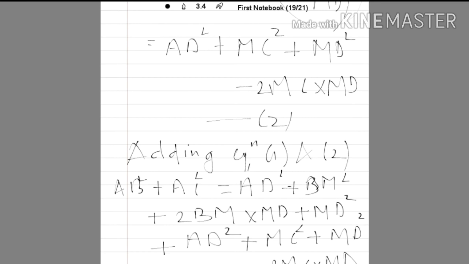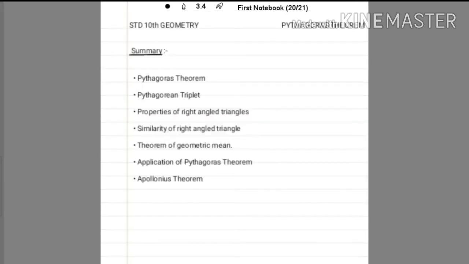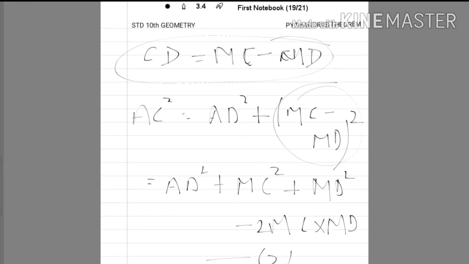Now this is a little confusing. You have to write it yourself and try to evaluate it. Now you can see here we have two ADs, again we have 2MD square, so we can just write it down and there would be a little less confusion.